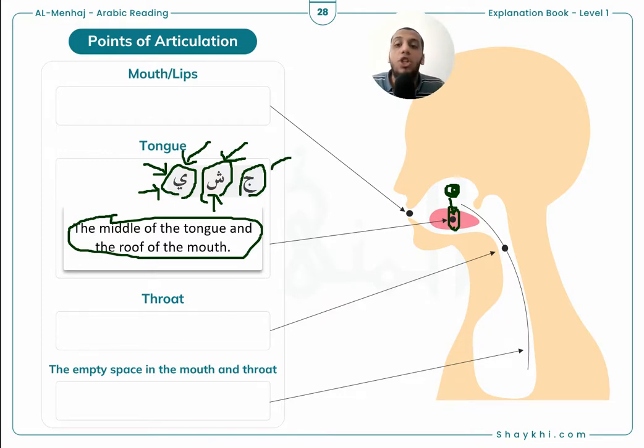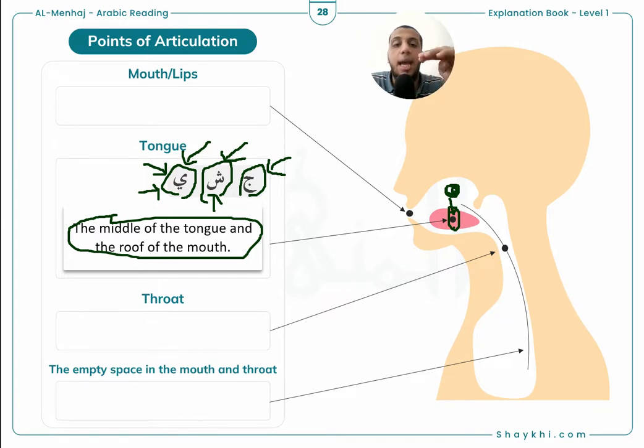So again, the middle part of the tongue touches the roof of the mouth completely. If they do not meet completely, we move to the next letter, which is Sheen. They do not meet completely.